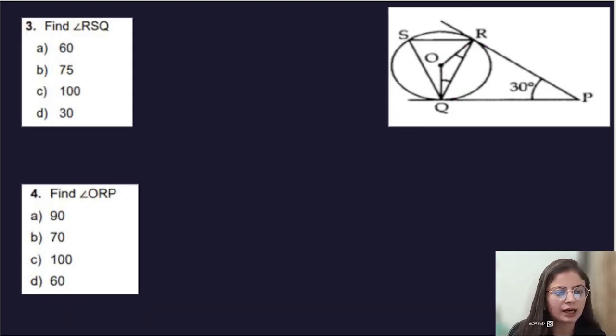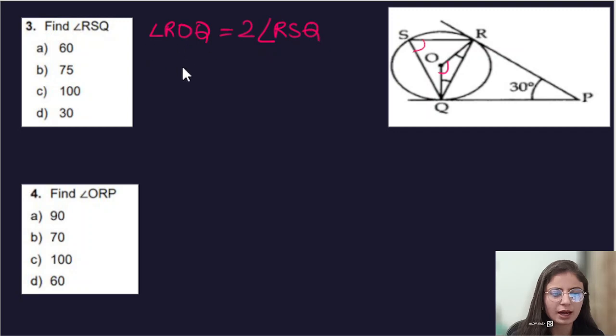Find angle RSQ. Okay. We have to find this angle RSQ. Okay, so we already know this angle ROQ, which is 150, right? Now we know the theorem that the angle subtended by an arc at the center is double the angle subtended by it at any part of its circumference, right? So this means angle ROQ would be twice of angle RSQ.